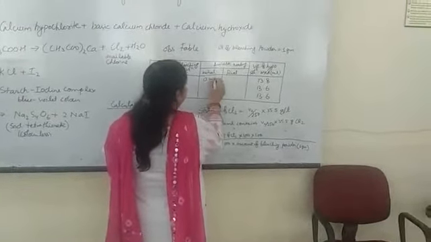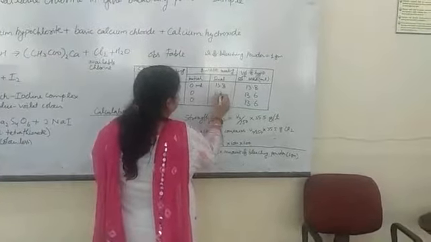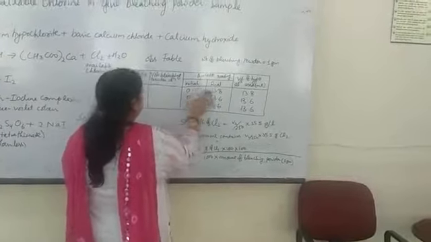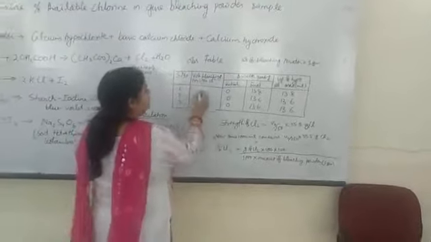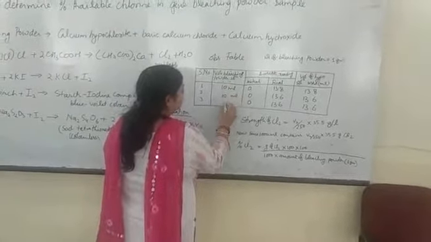Initial 0 ml, final 13.8. The volume is always 10 ml, 10 ml and 10 ml.